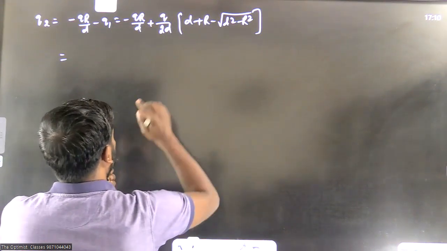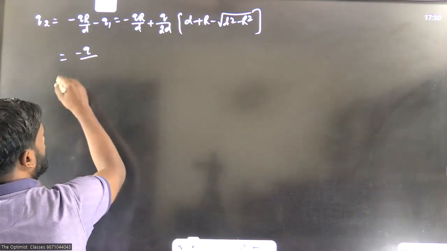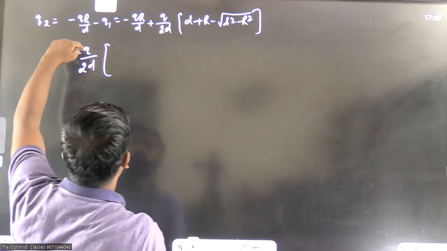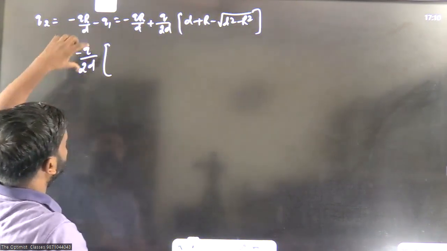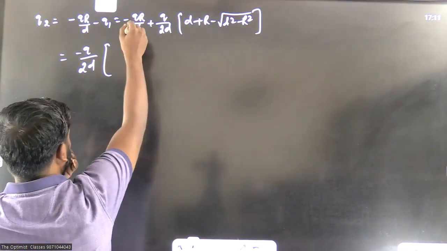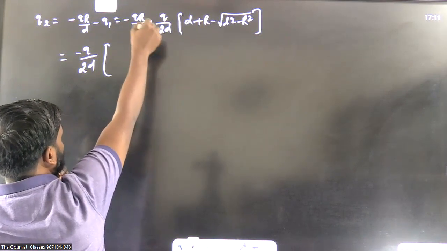So we can take Q upon minus Q upon 2D common. Let us take this term Q upon 2D common, because in Q1 also we had this term common. If you take Q upon 2D common here, there is no factor of 2 here, so 2 gets multiplied here.